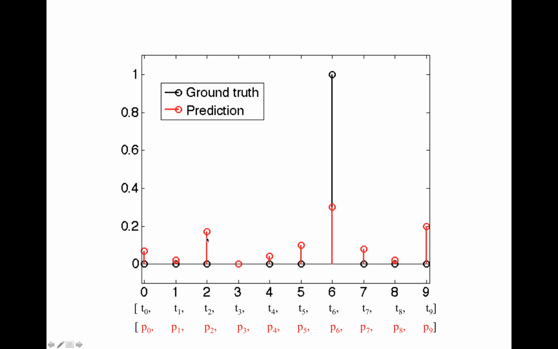We can tell just by looking at the heights of the different sticks. On the other hand, if the red stick at position 6 is a lot higher, and every other stick is a lot lower than this red stick, then we can say that the confidence of our neural network prediction is quite high.